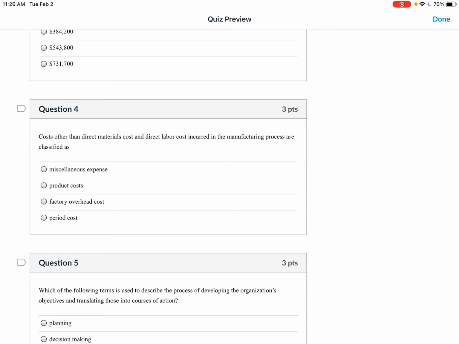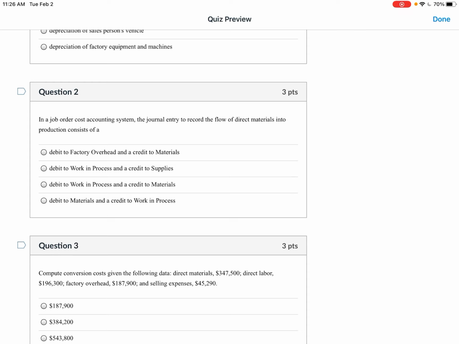Number 8, in a job order cost accounting system, the journal entry to record the flow of direct materials into production consists of blank. If we are taking stuff out of materials and moving it into production, materials is an asset.